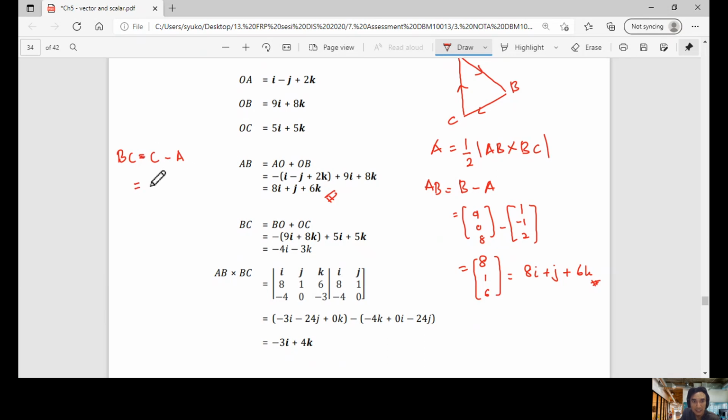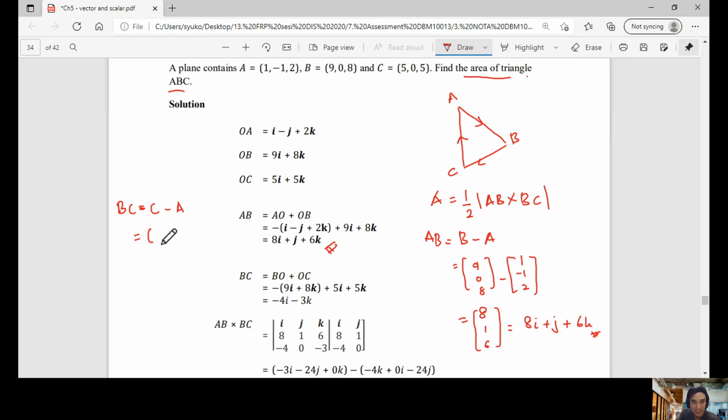Okay, so what is the coordinate of C? Okay, the coordinate of C is 5, 0, 5 minus A. A is 1, -1, 2.